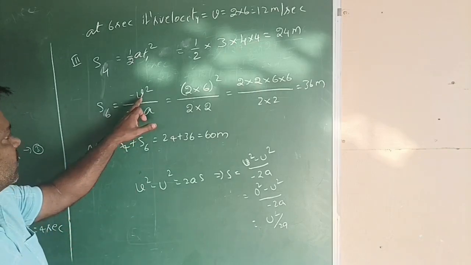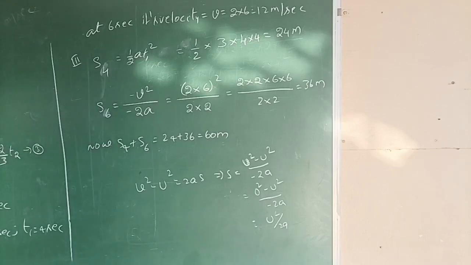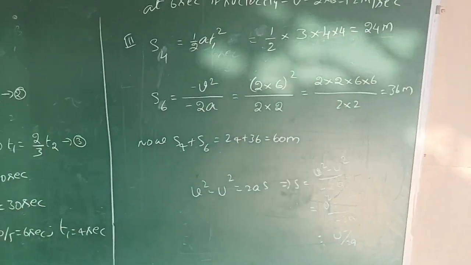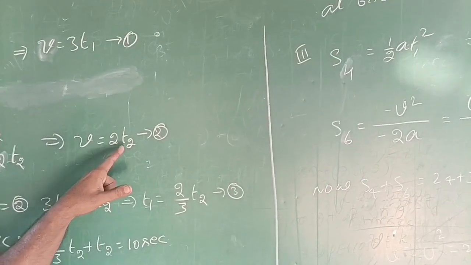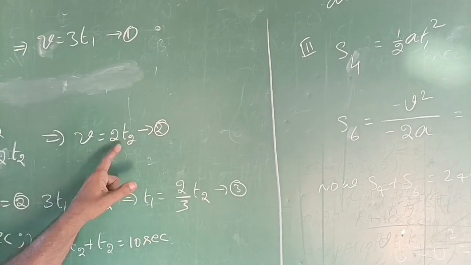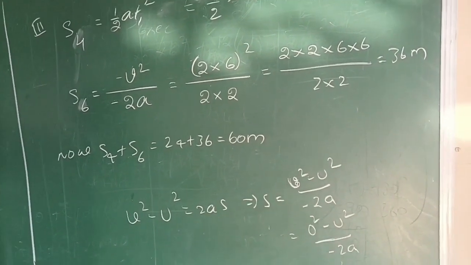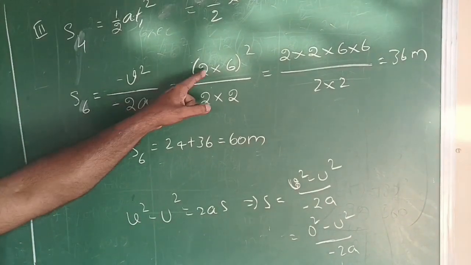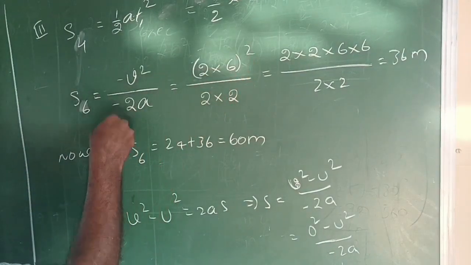So what is its velocity? We got previously velocity v is equal to 2t2, and t2 is equal to 6 seconds. That's why I'm writing 2 into 6 as v. The square stays, and the minus signs cancel.